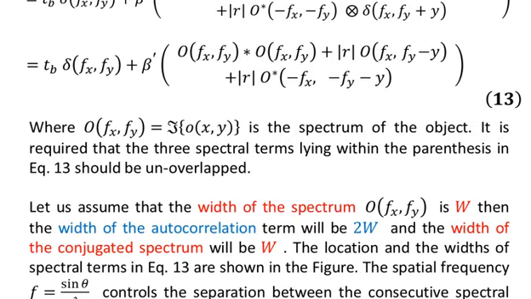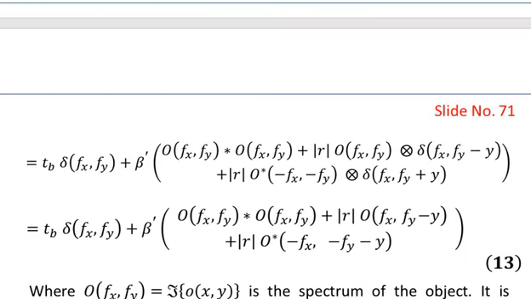So here capital O of fx, fy is the Fourier transform of the object O, the spectrum of the object. It is required that the three spectral terms lying within the parentheses in equation number 13 should be unoverlapped. We have shown the Fourier transform so that we can show the separation between them.